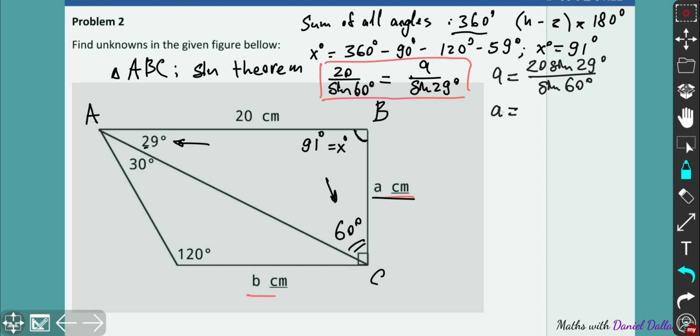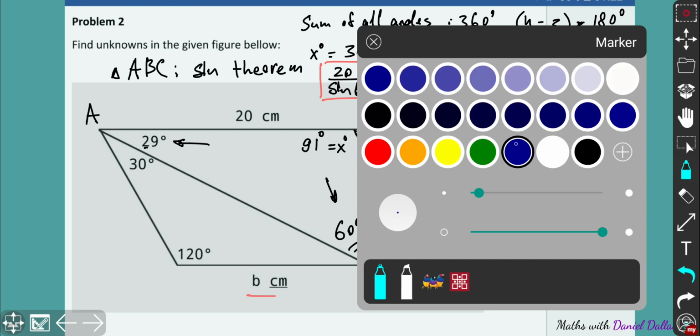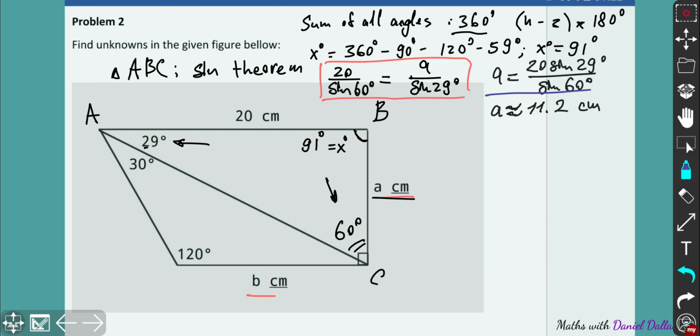Let's calculate: 20 times sine 29 over sine 60. I've got around 11.22, so to one decimal place we can say approximately 11.2 centimeters. And this is going to be the solution for the A part.